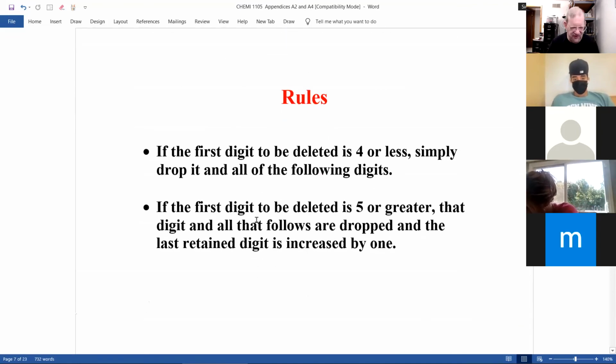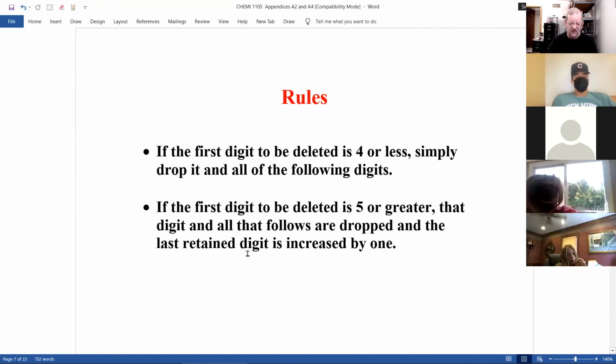Now, there are rules for this. The first digit to be deleted, if it's 4 or less, simply drop that and all following digits. If the first digit to be deleted is 5 or greater, that digit and all that follow are dropped, and the last retained digit is increased by 1.